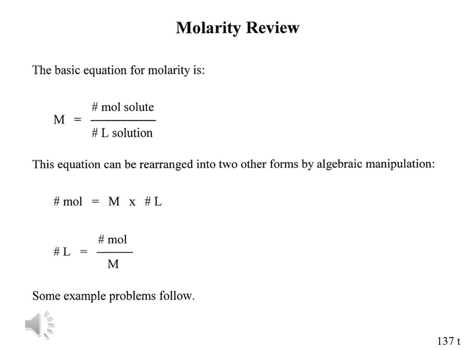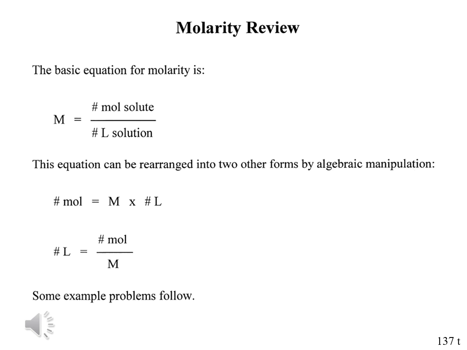You can't plug in grams and you can't plug in milliliters. You have to convert them first. And if you rearrange the equation mathematically, you can solve the equation for moles and convert it to grams, or you can solve the equation for liters and convert it to mL.